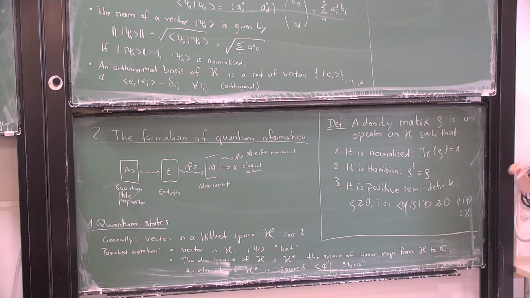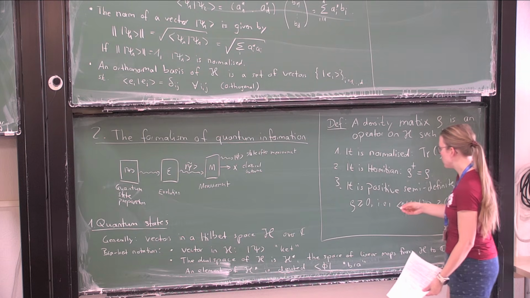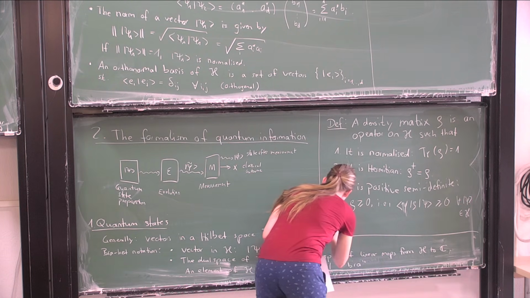And then we denote the set of all these density matrices, all the bounded linear operators on H that fulfill these extra conditions, with its own notation.